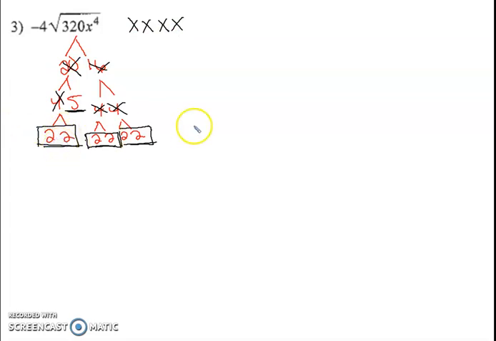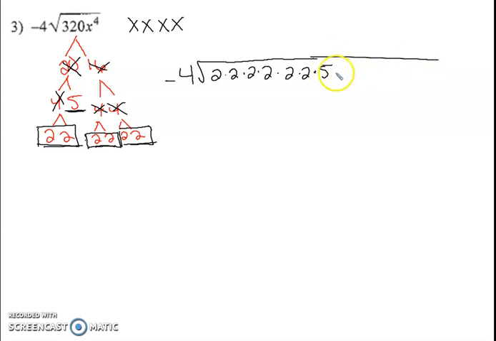When I take each pair of 2's out, I can rewrite this as, whoops, not negative 2, negative 4 times the square root of 2 times 2 times 2 times 2 times 2 times 2 times 5 times x times x times x times x.